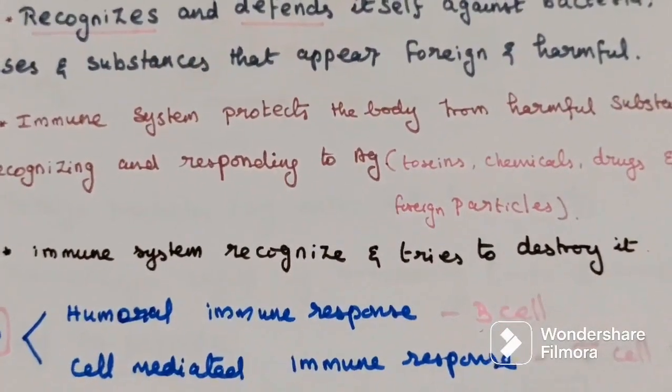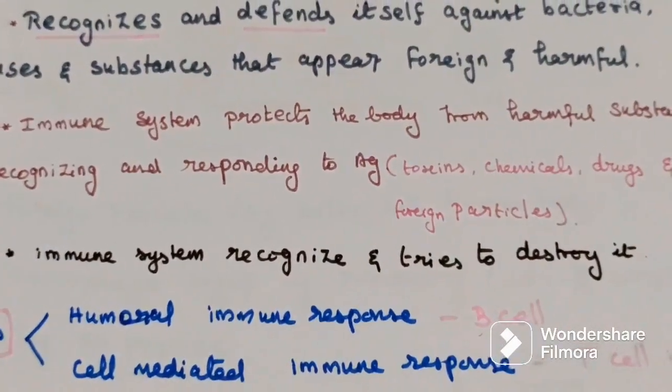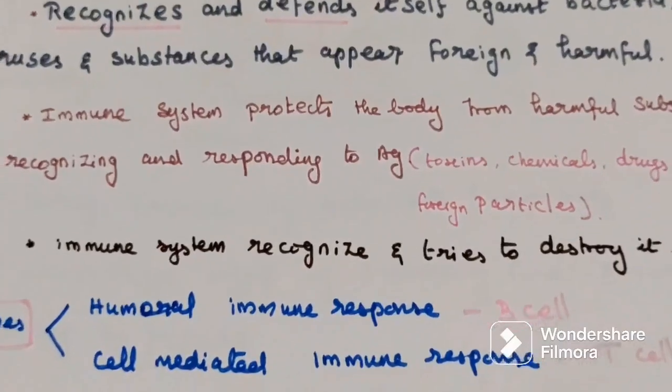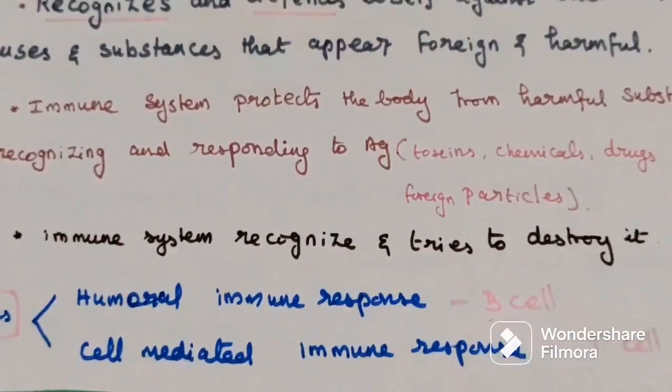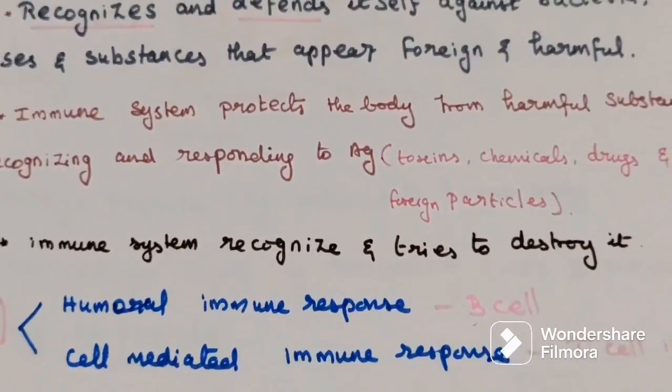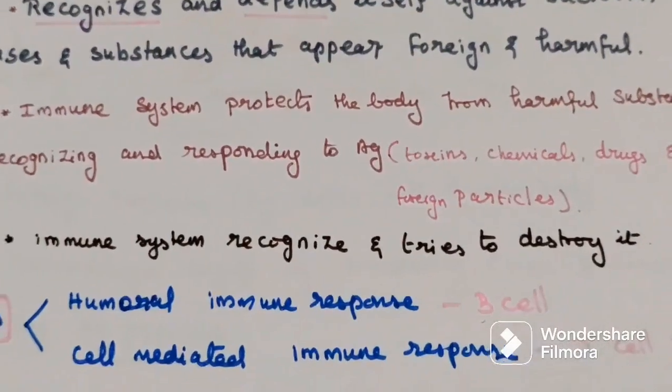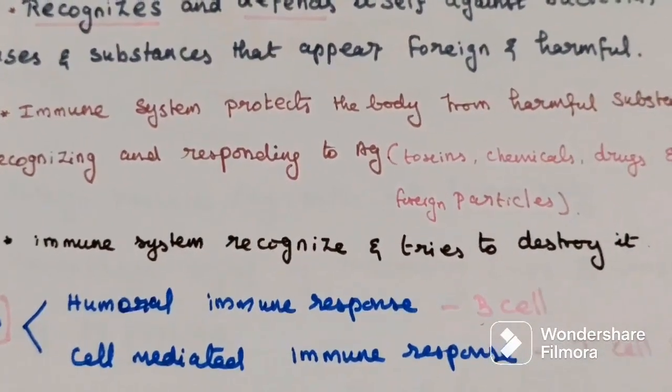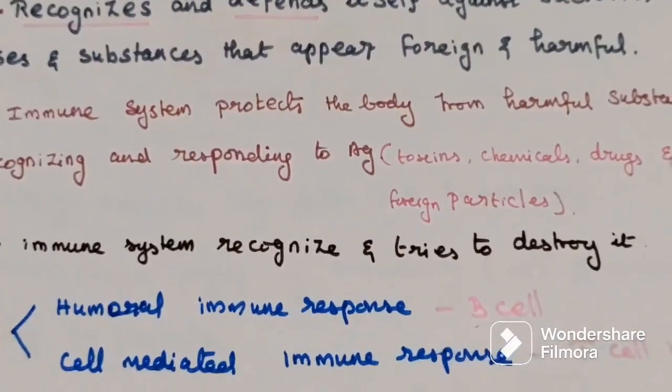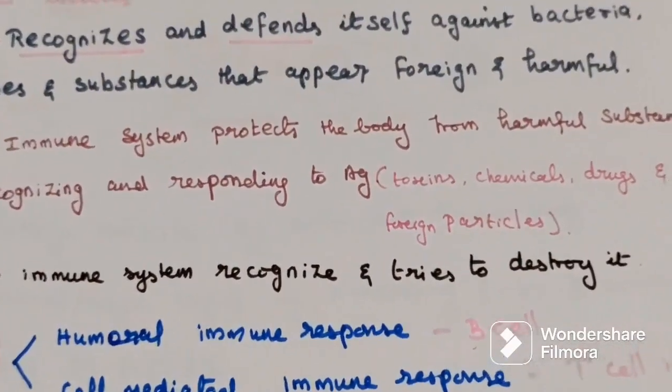The immune system recognizes and destroys, or tries to destroy, substances that contain antigens.